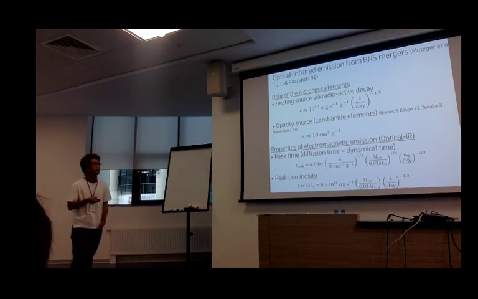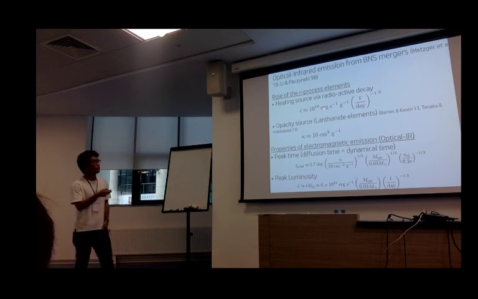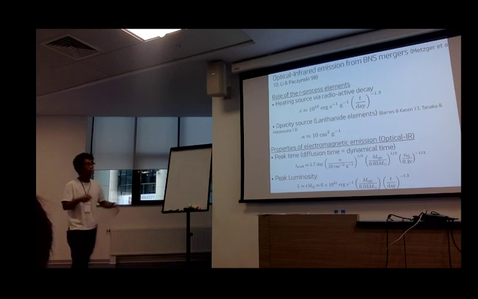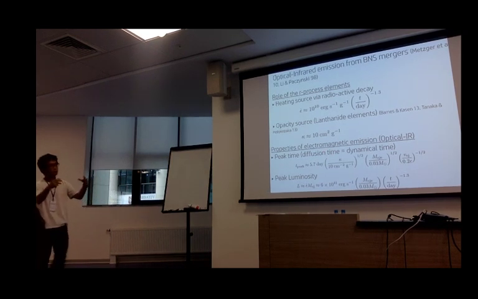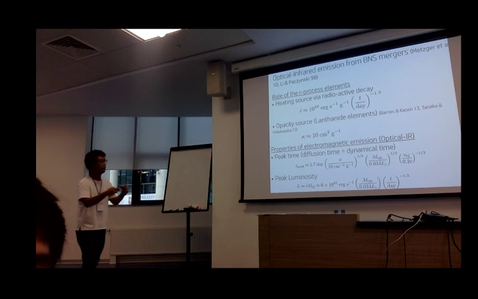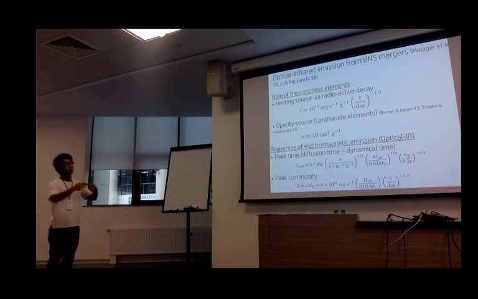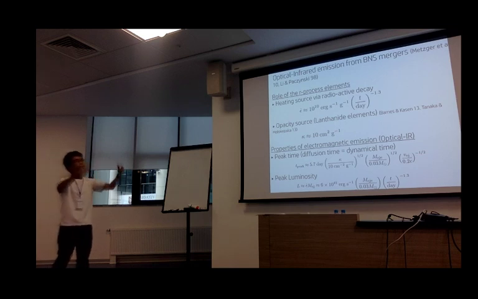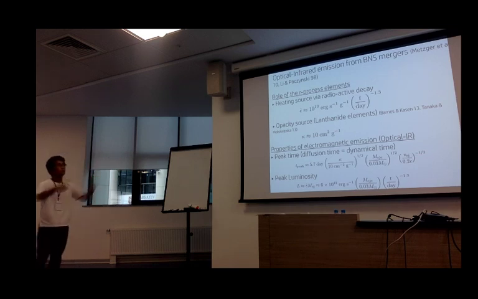cm^2 per gram. With this number, the peak time is given by equating the diffusion time scale and the dynamical time scale. In the early stage, because the density is so high, the opacity for the photons is high, and the photons cannot diffuse out of the system. But the ejecta expands and the density becomes lower and lower.